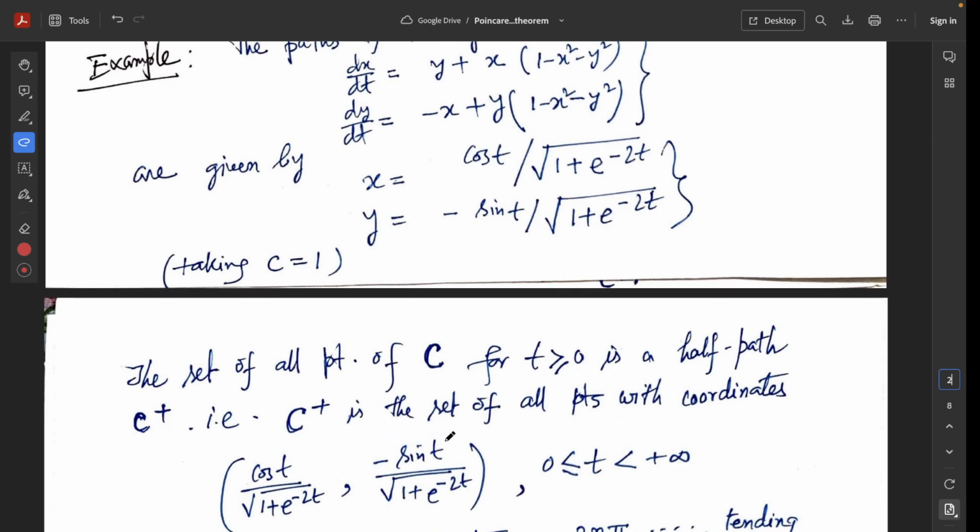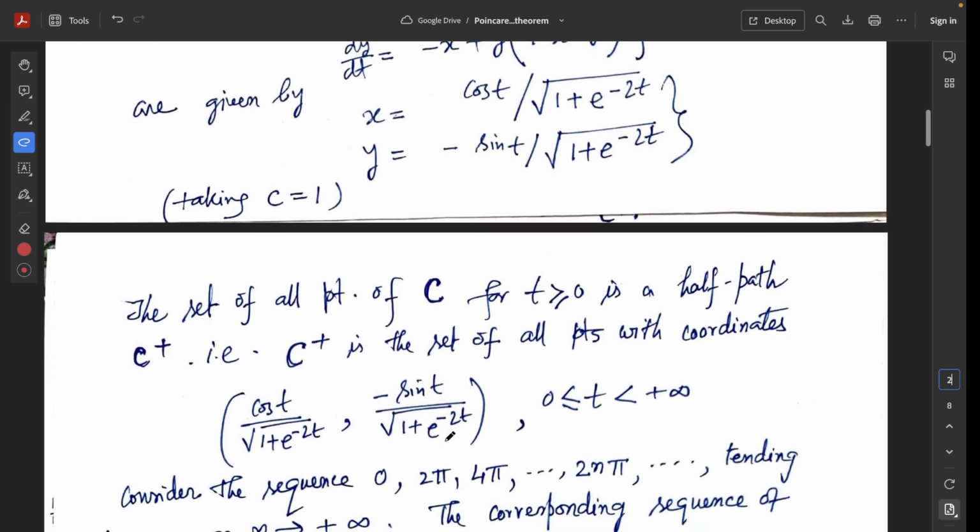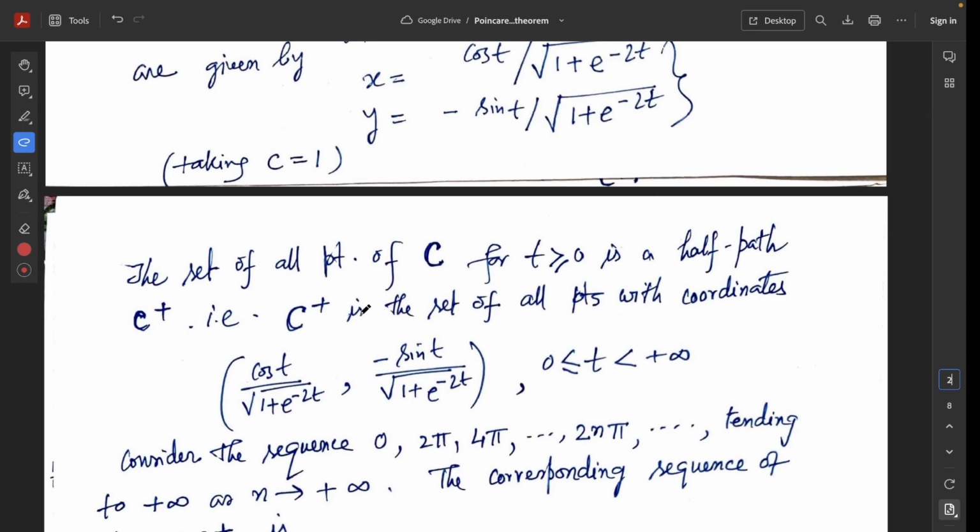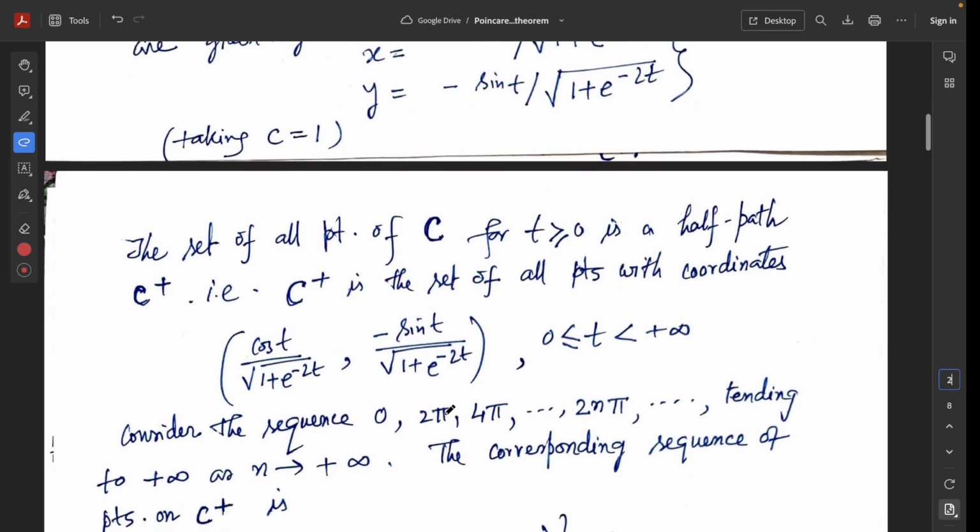That is, C plus is the set of all points with coordinates (cos t divided by root of 1 plus e to the power minus 2t, minus sin t divided by root of 1 plus e to the power minus 2t), 0 less than or equal to t less than infinity. Here t0 is 0. So the collection of all points is the half path C plus of the trajectory C.